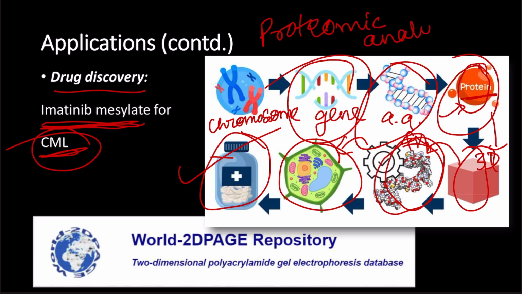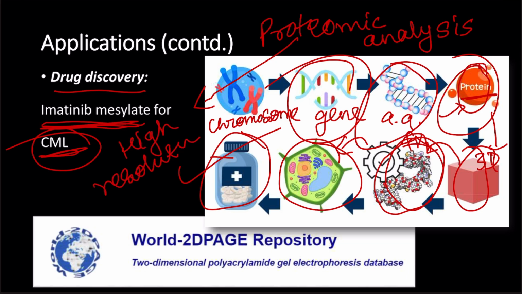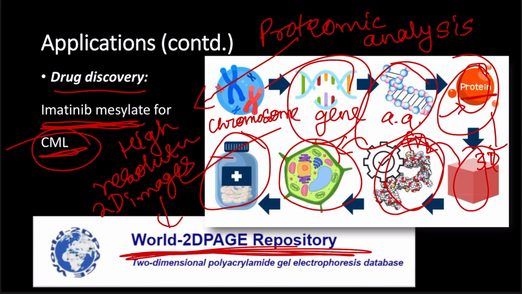So in gel electrophoresis, what we get is high resolution 2D images, and these are actually stored in a database which is also known as the World 2D Page Repository. So in this we get the high resolution 2D images of the gel electrophoresis which is done for different proteins. So this is one application of bioinformatics in drug discovery.